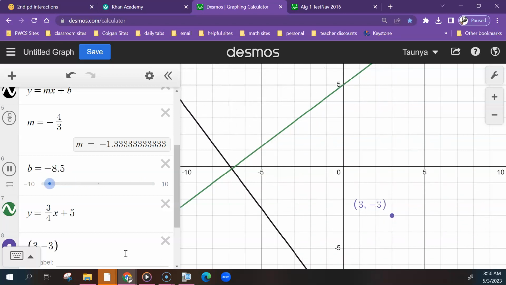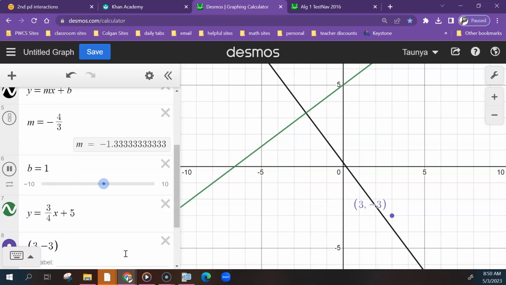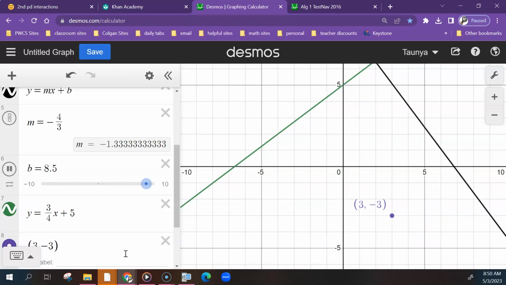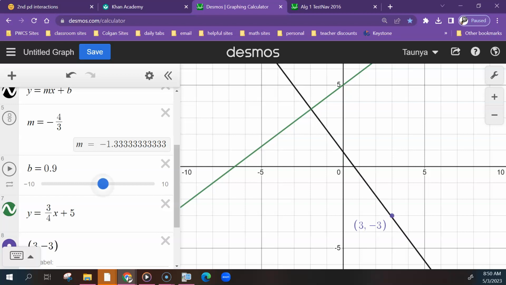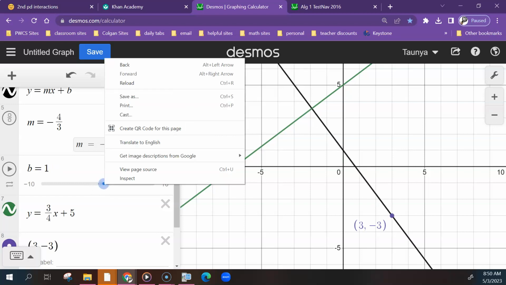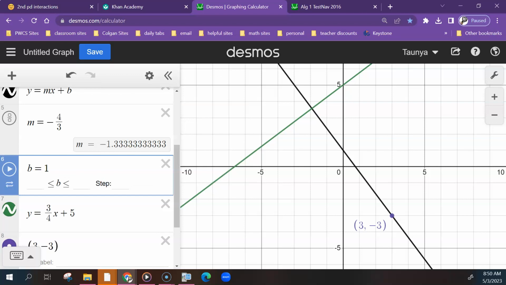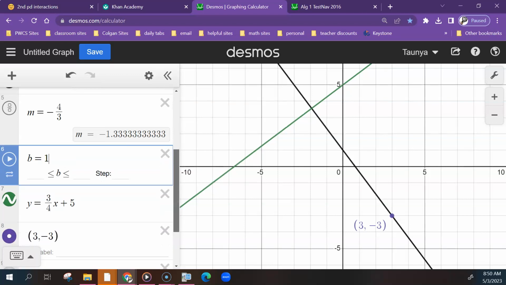If it's perpendicular to this, the slope has to be flipped, and it was already positive, so we have to make it negative. And then, wow, that was almost spot on. And then it has to go through that point. So when our y value is 1, it'll do that.